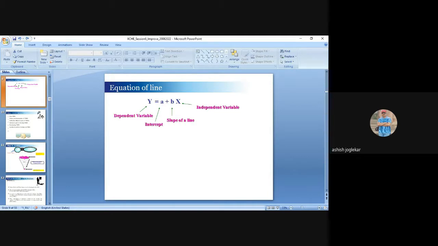Whenever we do correlation analysis, we'll get this type of result, y = a + bx. After that, we can find out which are the causes, or which are the steps, that are causing your project to get derailed or not perform as per the requirement.